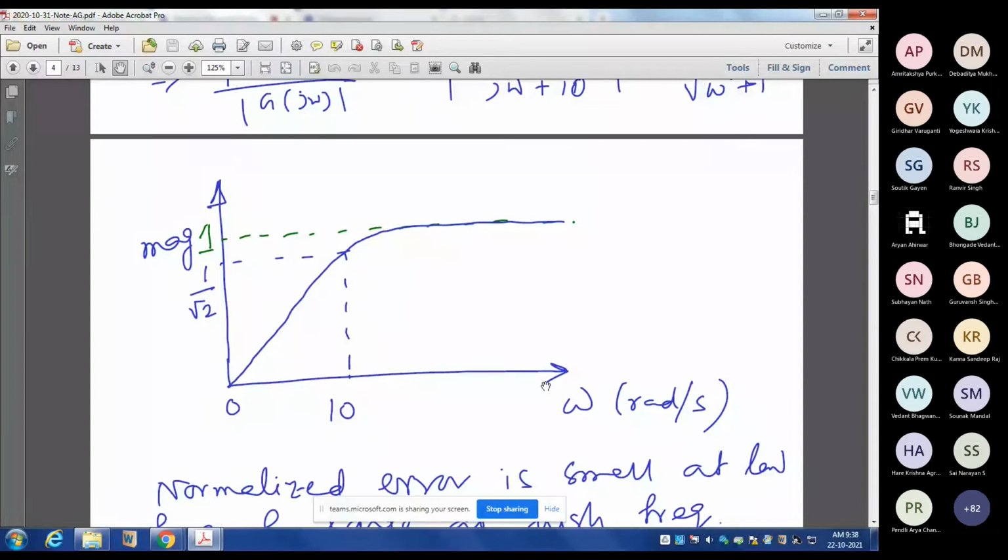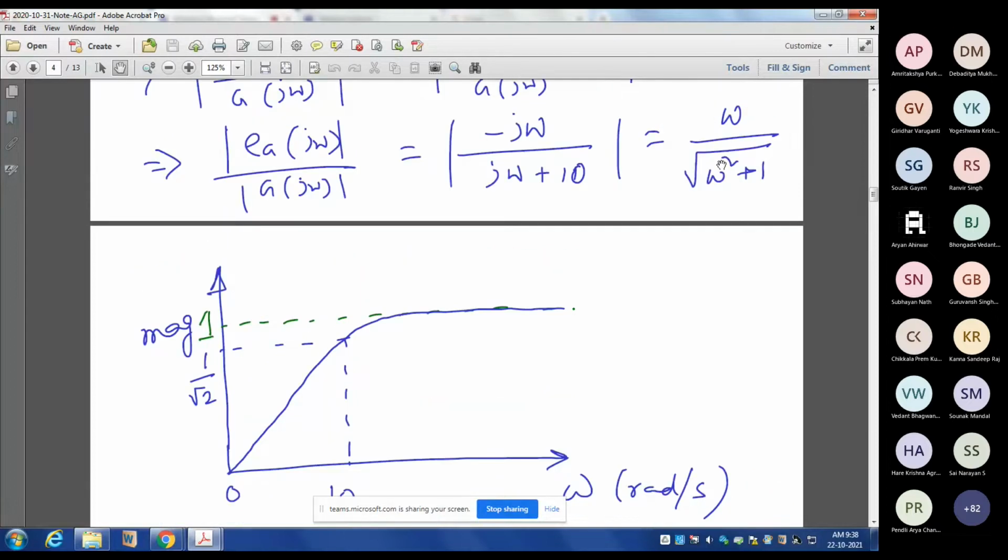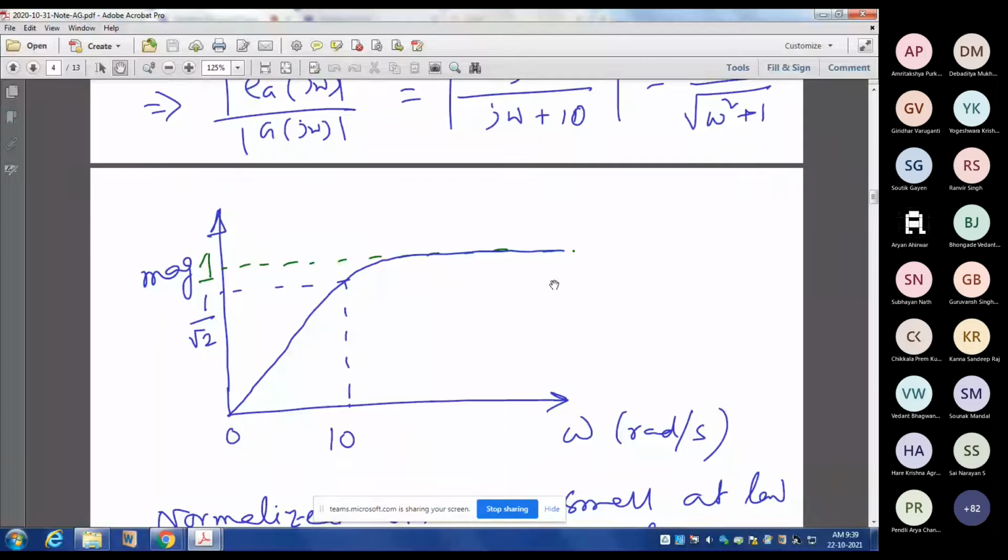This is your 3 dB cutoff frequency equal to 10 radian per second, which you can see from the magnitude omega divided by root under omega square plus 100. So at the cutoff the magnitude is 1 by root 2, and the corresponding frequency is 10 radian per second.